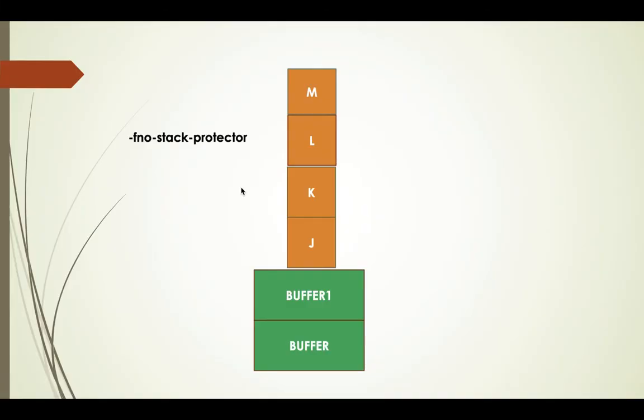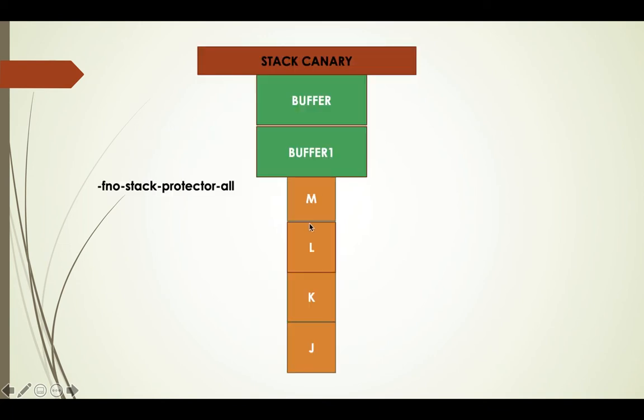Here is the diagram which depicts how a stack frame would look. Suppose I have variables M, L, K, J and two buffers. If I have no stack protect as a flag for the GCC compiler, then my buffers would remain at the beginning of the stack frame and then my variables would be placed in the stack. But whereas if I, here this is a mistake, that no stack protect all should not be the case here.